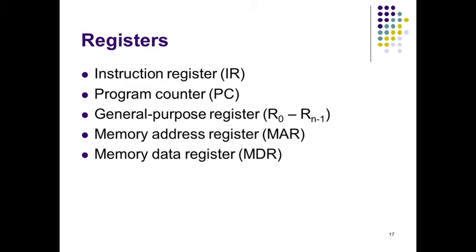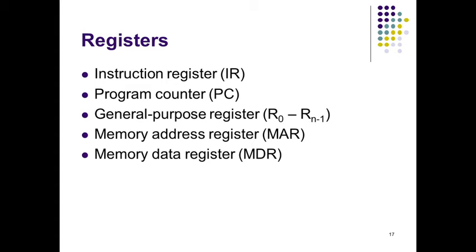The next register is the PC, that is the program counter. It is another specialized register. This program counter keeps track of the execution of a program. It contains the memory address of the next instruction to be fetched and executed.